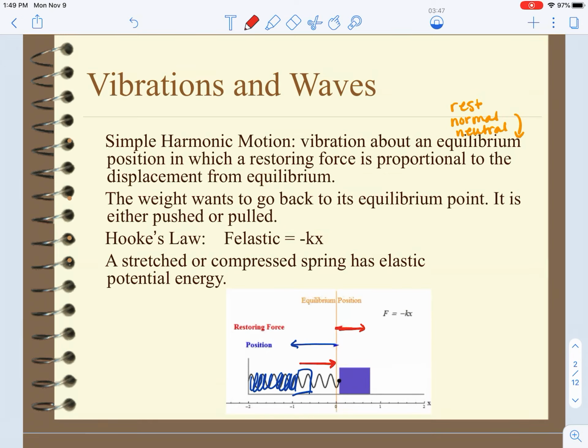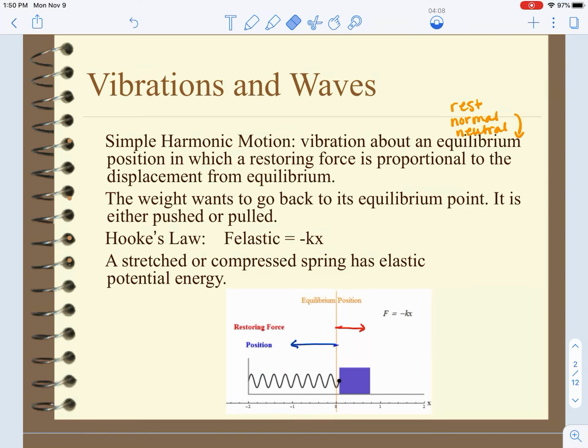So on the illustration or the animation, it had the restoring force up here. So I just kind of drew it where it would be if the animation were live. But on the image, I want you to see that this is the direction of the force because we're trying to get back to this point right here, back to that equilibrium or resting position.